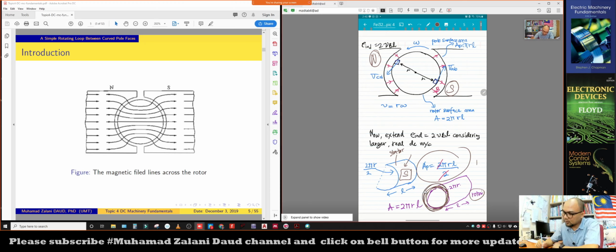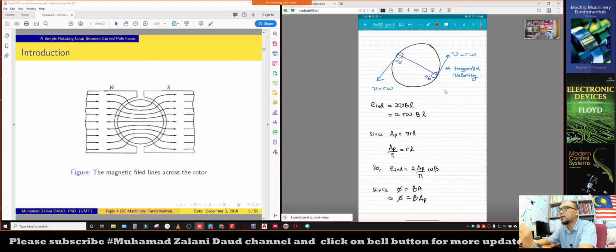We know that for the round shape, this is 2 pi r. And then times L, which is the length, the width of the rotor, so that particular area is 2 pi r L.